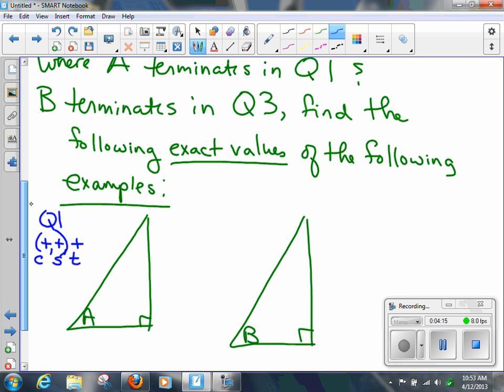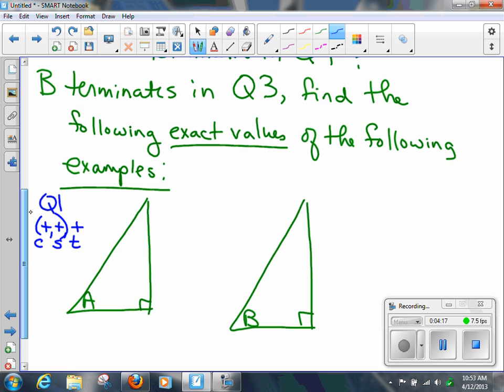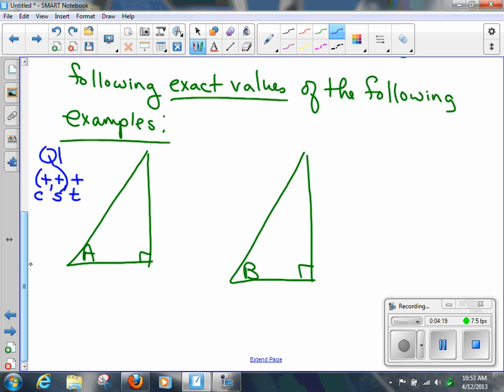We're also told in the problem that angle B terminates in the 3rd quadrant. What are the signs in the 3rd quadrant? Negative, negative, positive. So that means cosine, sine, and tangent.